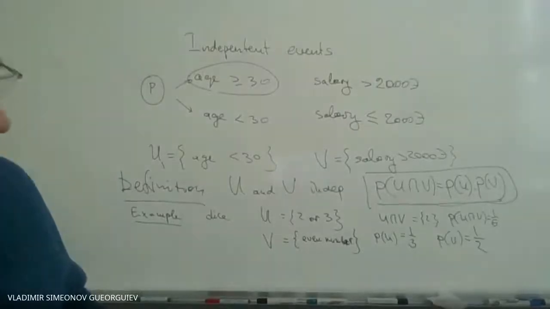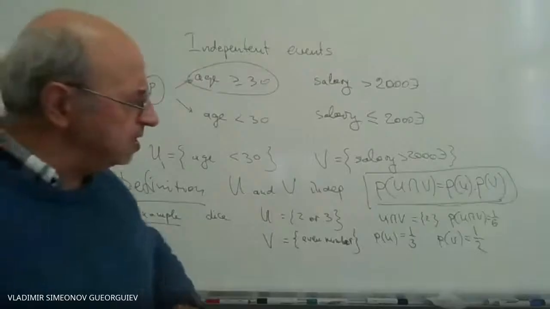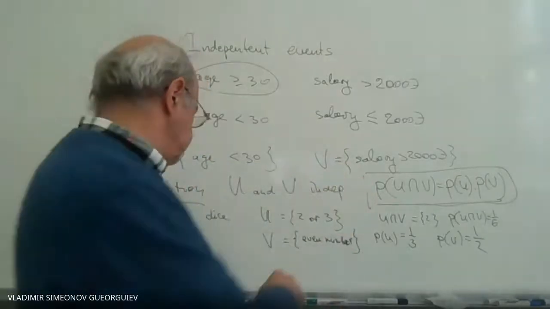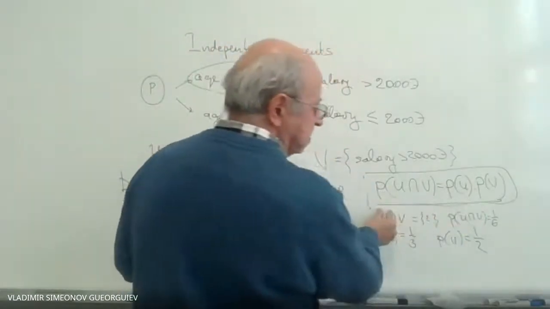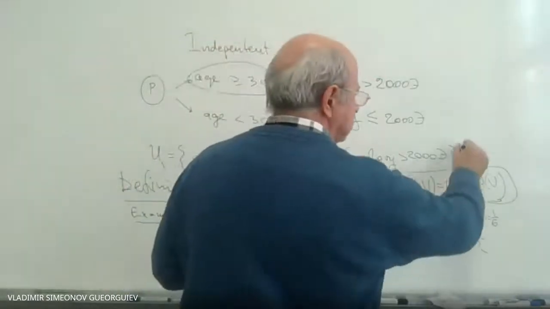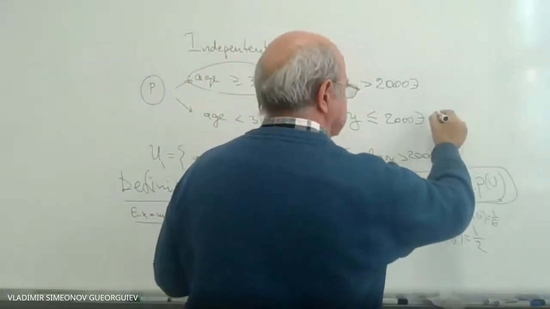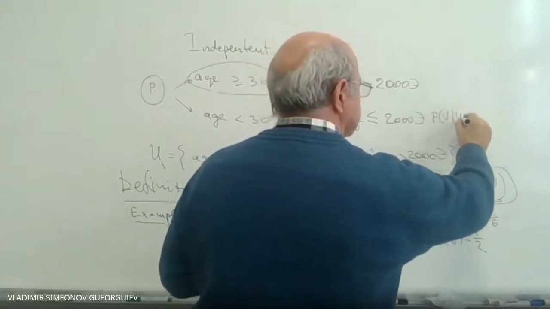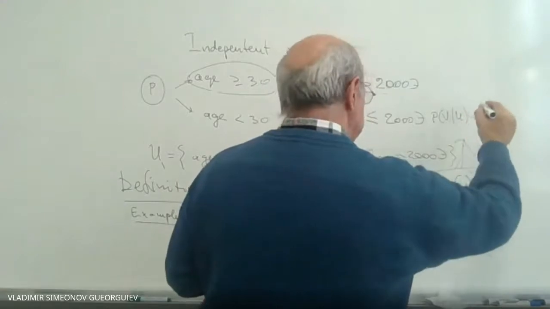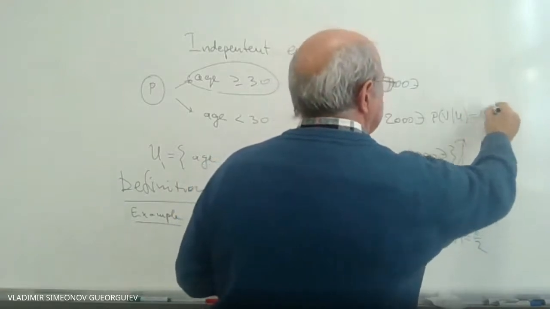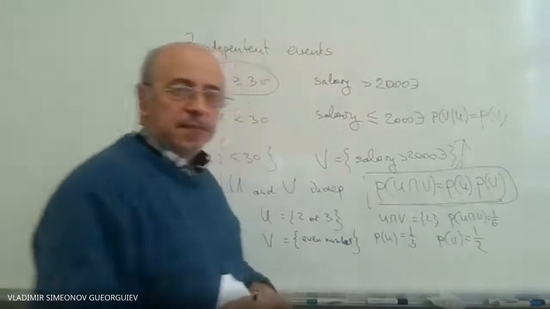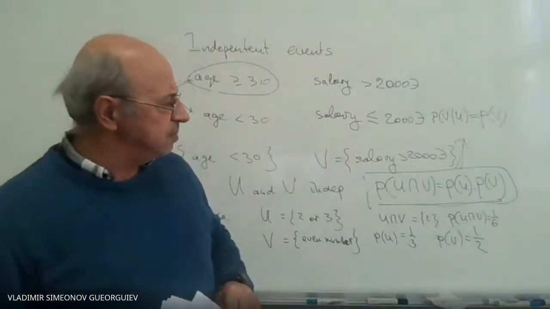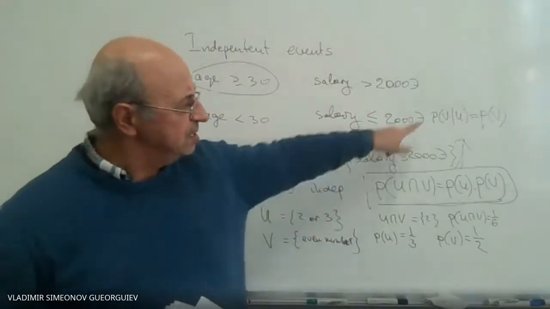Yes, we can combine, but I prefer to give only the definition of independent events, because if you put P of U in the denominator, then you can rewrite this as P of V under the condition U, if this is equal to P of V. You can rewrite this definition in this way using conditional probability.